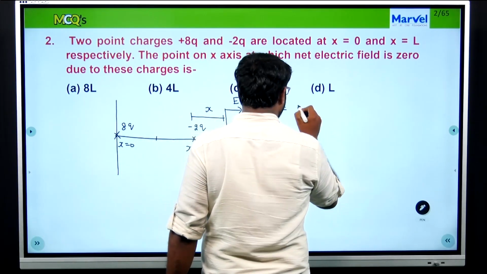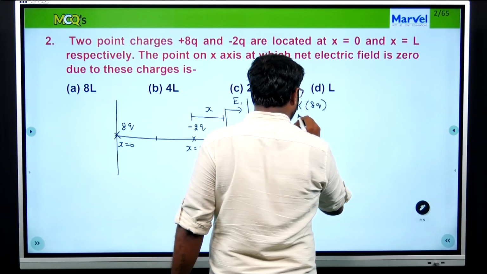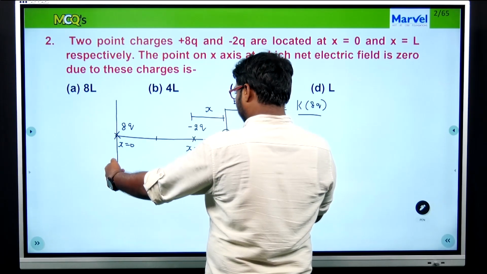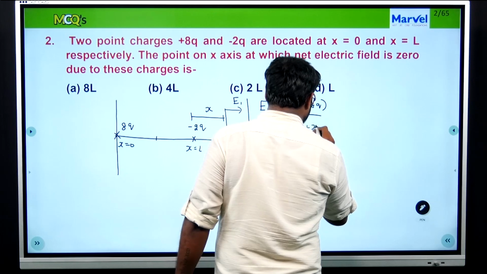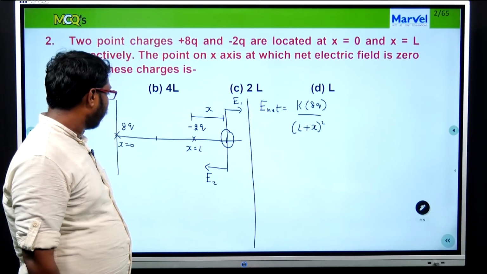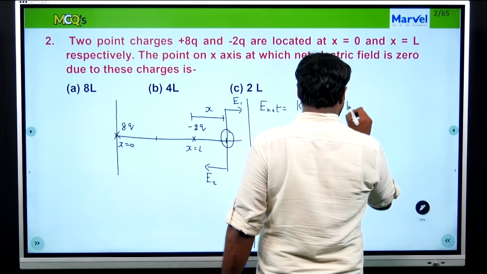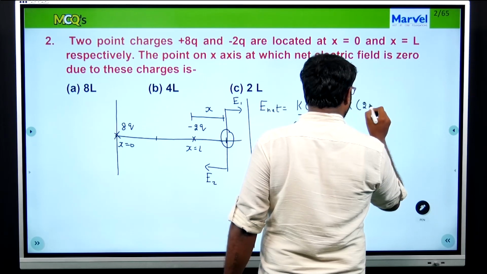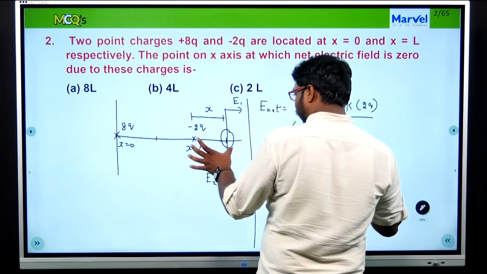First, let me express E1. E1 is nothing but K into 8Q divided by the whole length, which is L plus x, the whole squared. Next one is negative K into 2Q by, what is the distance between these two?